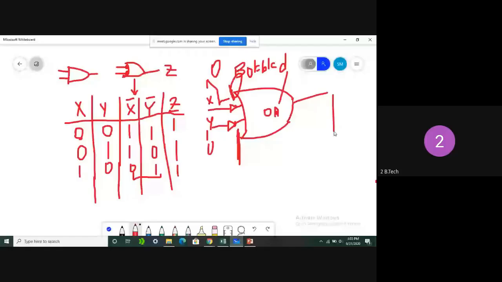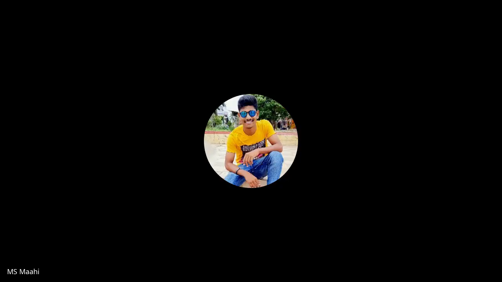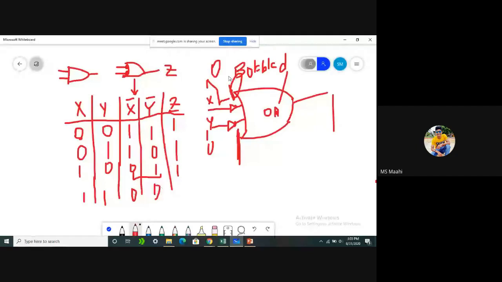See here the other combination, final combination, X and Y are 1. So what is happening? X bar is 0 as usual, Y bar is also 0. If both zeros are given to the OR gate, what is happening? 0 will come.